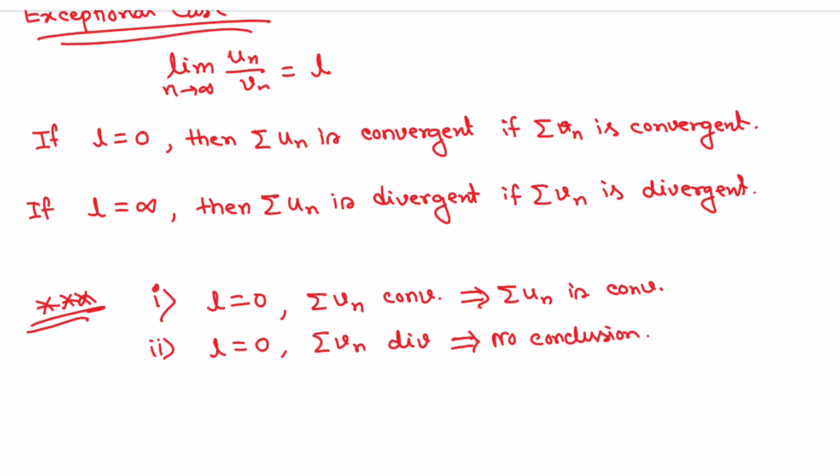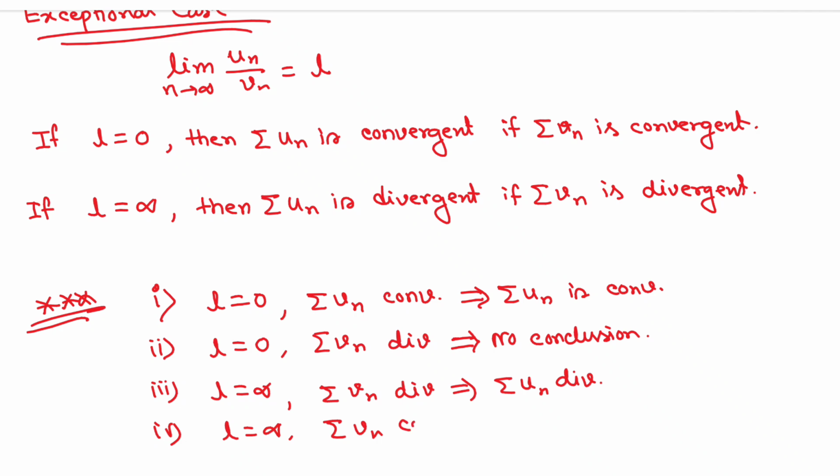Number 3: if L equals infinity and summation vn divergent, then summation un divergent. But if L is infinity and summation vn convergent, no conclusion. Clear? There will be no conclusion.